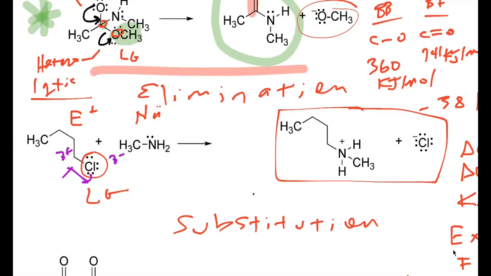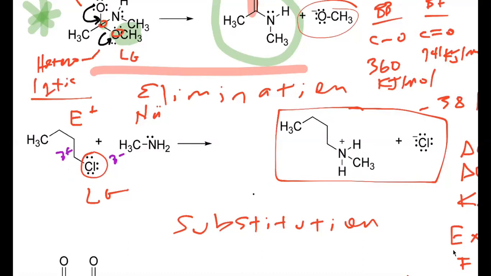All right. So let's put the arrows in. Having said that, which way is my arrow going to go? Is it going to go from nucleophile to electrophile or electrophile to nucleophile? Nucleophile to electrophile. Always. Source to sink.